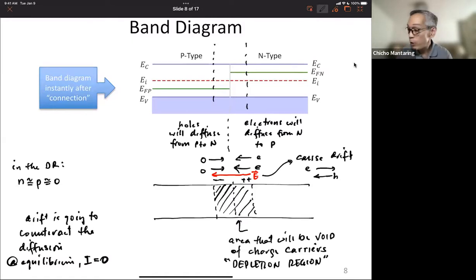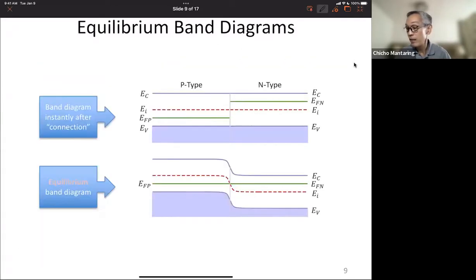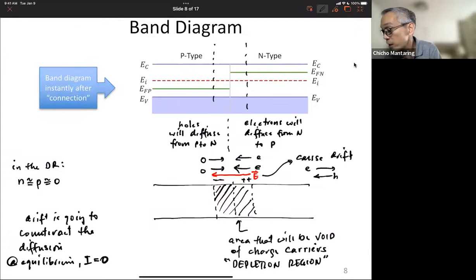But at equilibrium, you now have a potential difference from your right side to your left side. Okay. You have higher potential of electrons from the right side to the left side. No? Okay. No. Sorry.